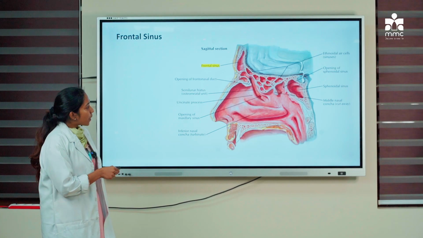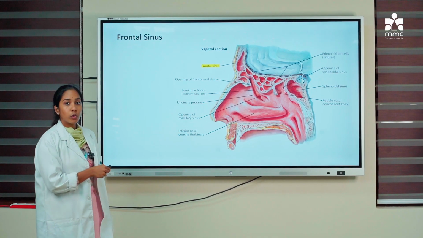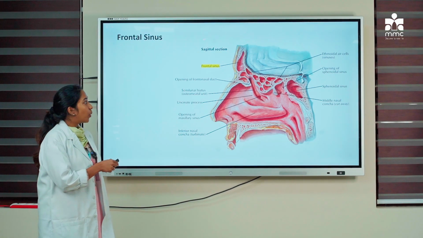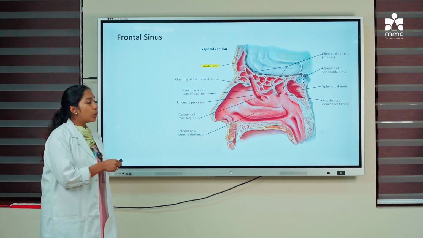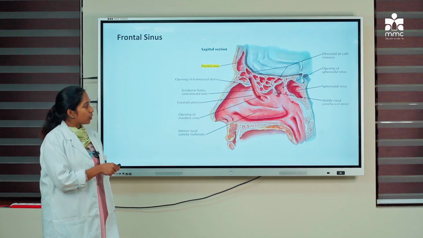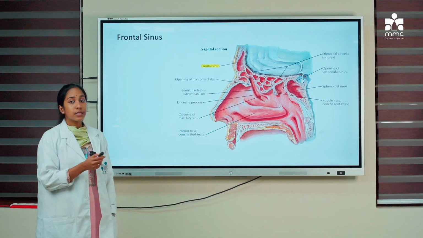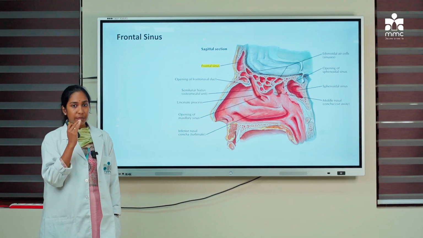In the anterior part of the hiatus semilunaris, you have the opening of the frontonasal duct, that is the opening of the frontal sinus. So through the frontonasal duct, the frontal sinus opens into the anterior part of the hiatus semilunaris, which is present in the middle meatus.